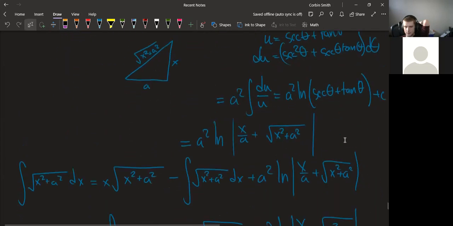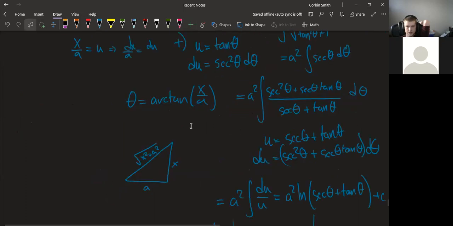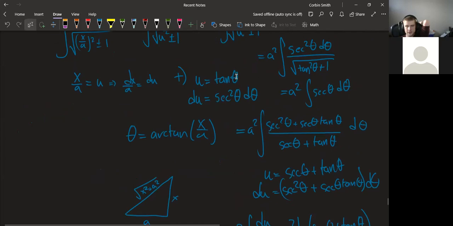Can you scroll down a little? How did you get those terms from theta again? So we said that u is equal to tan of theta. So theta is equal to arctan of u, but u is equal to x over a.